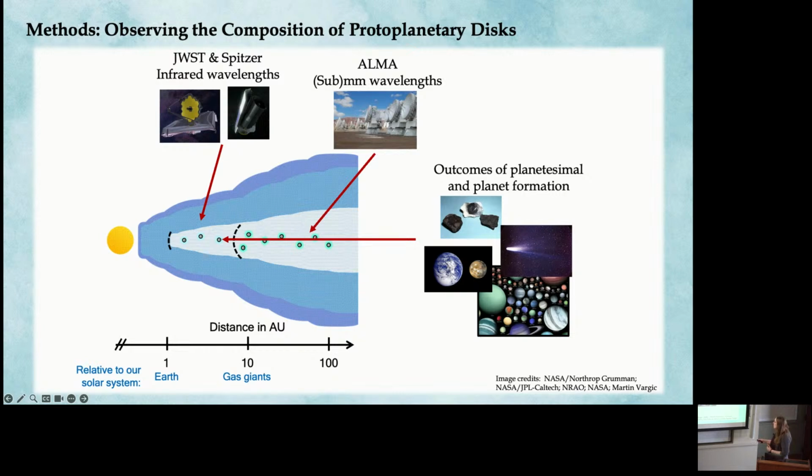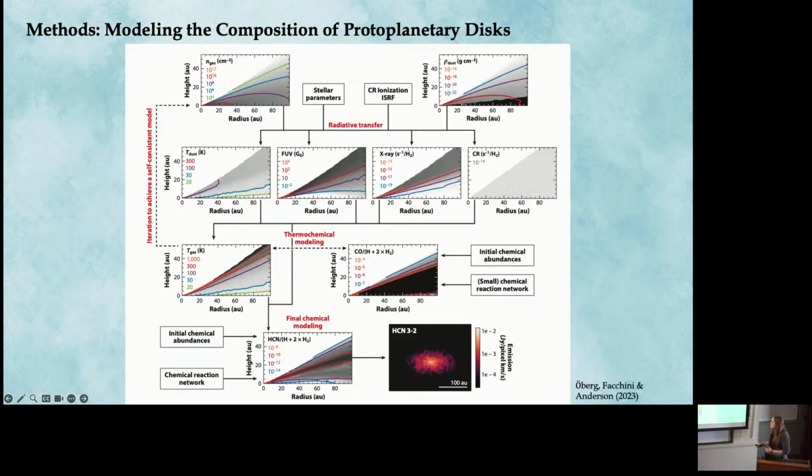Well, not quite a complete picture, because we have optically thick regions in the midplane that are difficult to probe with observations, but we can get some information about what's going on in these regions, because that's where planet formation is occurring. So we have the chemical composition of bodies in our solar system, or exoplanets, tracing what materials are available in the midplane. At the same time, we're trying to put together observations at these different wavelengths and information from planetary bodies, and to really complete the picture, we use chemical models to bring this all together.